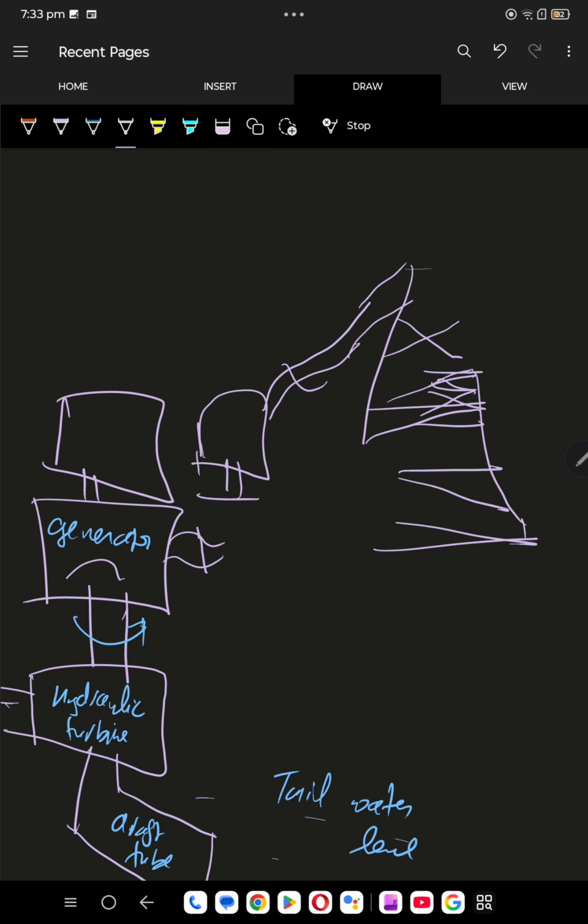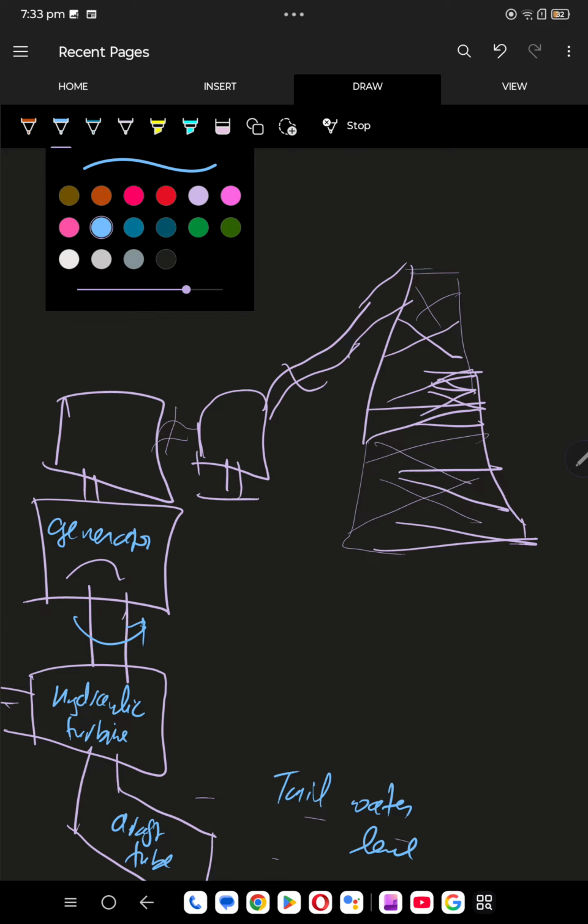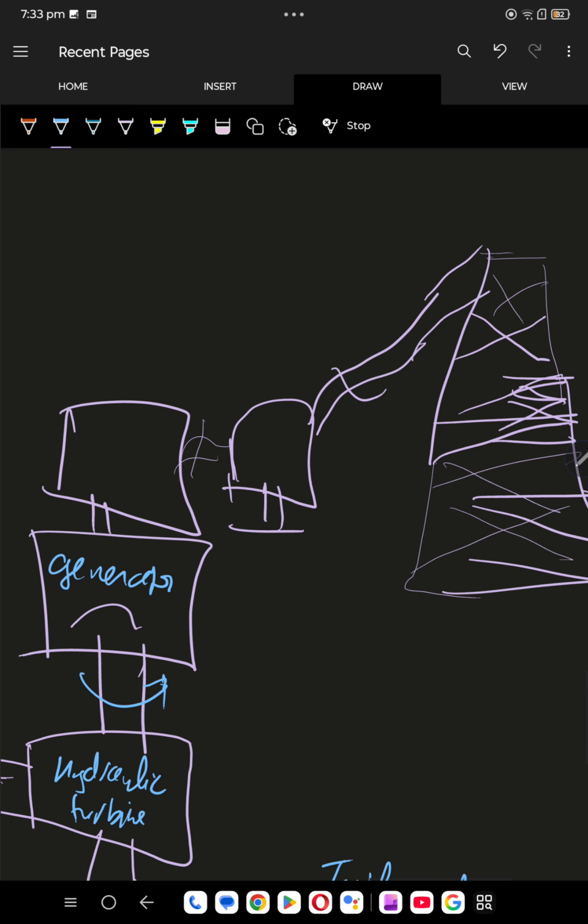I'll just complete this however it is. I'm sorry, the diagram is a little too ugly, but whatever, the concept is important.